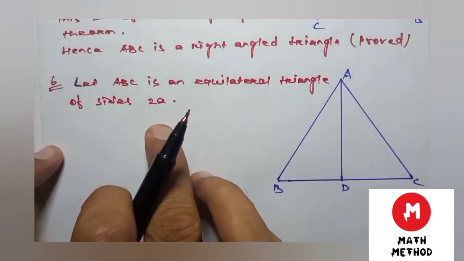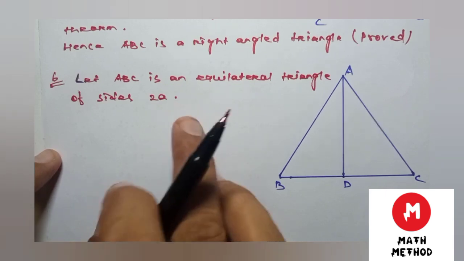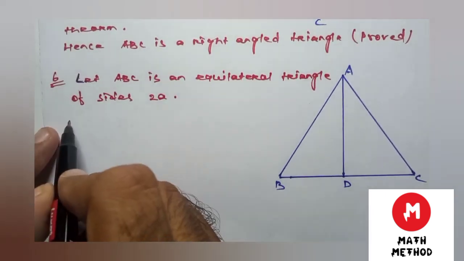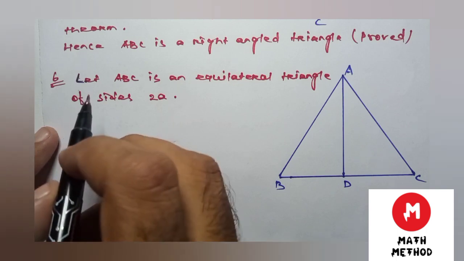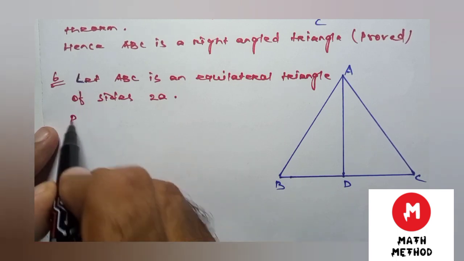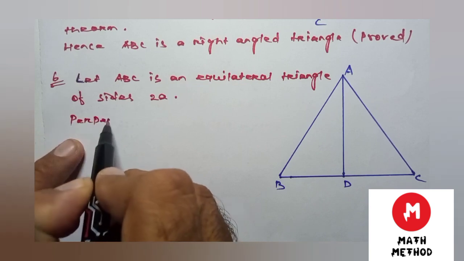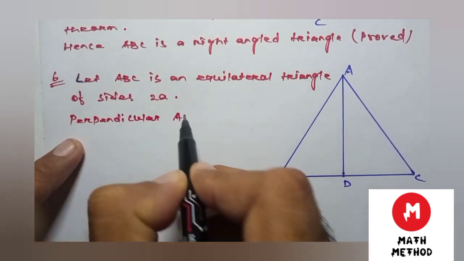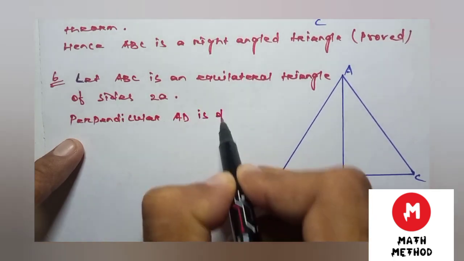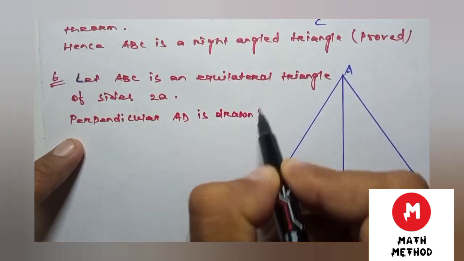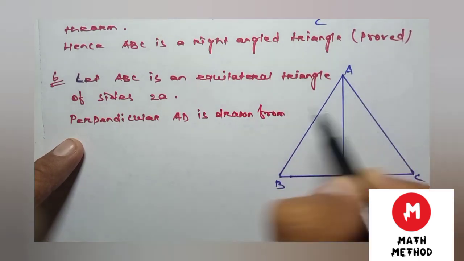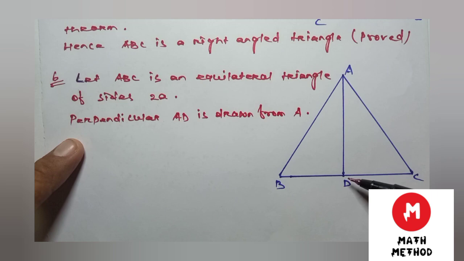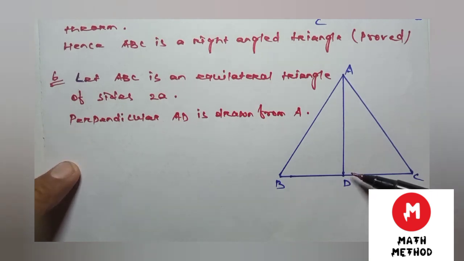Now we have to find out the altitudes. Altitude is the perpendicular. So let perpendicular AD be drawn from A. Clear? So perpendicular means here angle D is equal to 90 degrees.